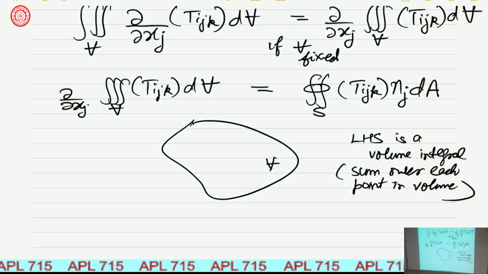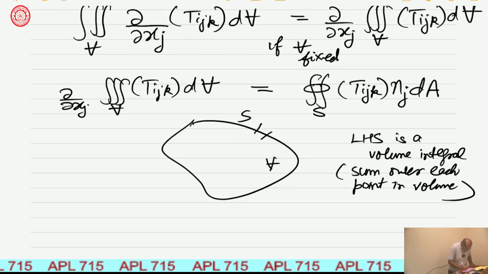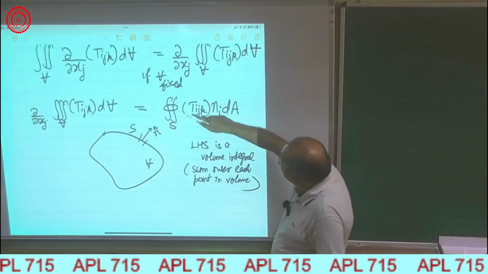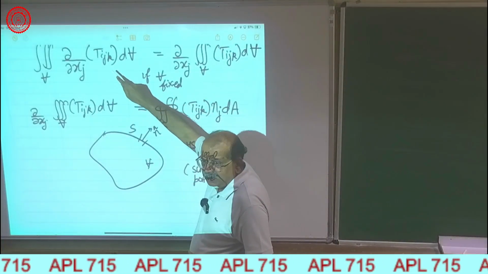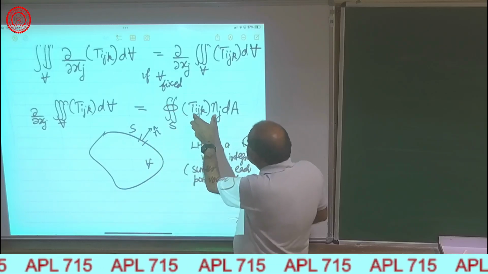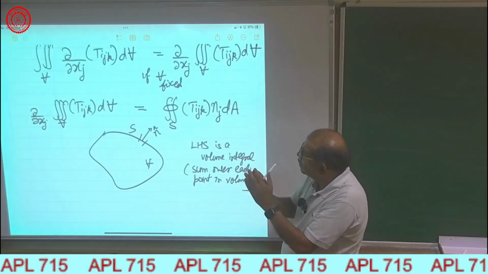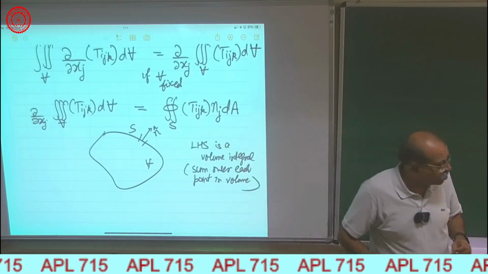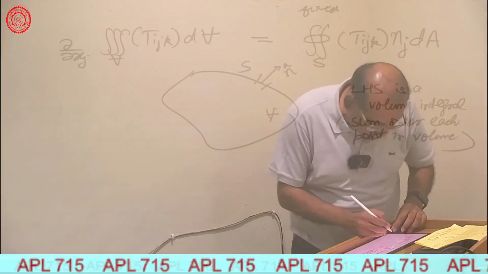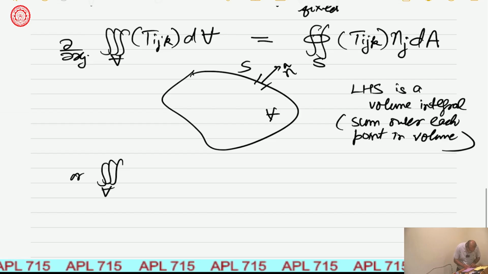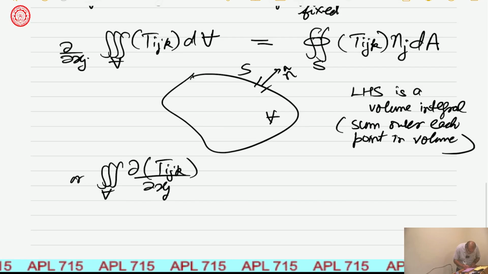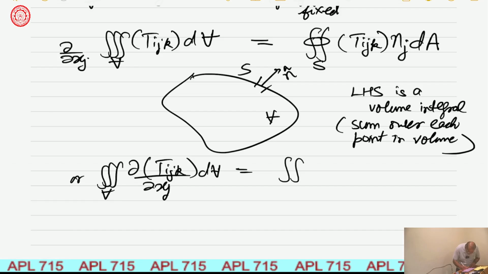That means, now if this is the surface S and I choose n as the outward normal, then this volume integral is equal to the surface integral of this quantity times nj dA. In fact, I could even write it as the volume integral of d of tijk by dxj dv is equal to the surface integral of.